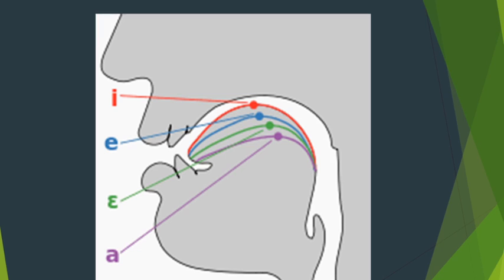If the center of the tongue is raised towards the roof of the oral cavity, that is called a central vowel. And if the back of the tongue is raised, then that is a back vowel. So in this way, vowels are of 3 groups: front vowels, central vowels, and back vowels.